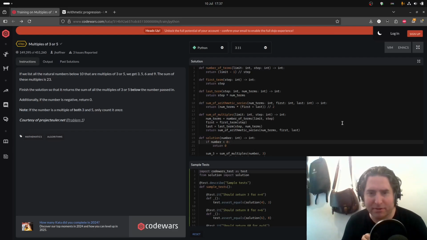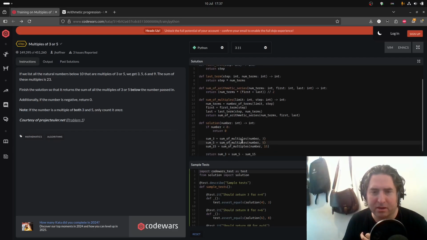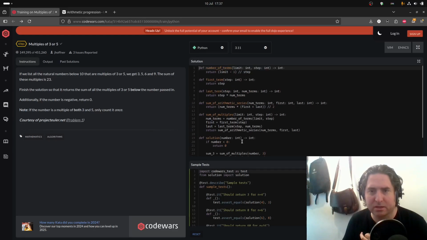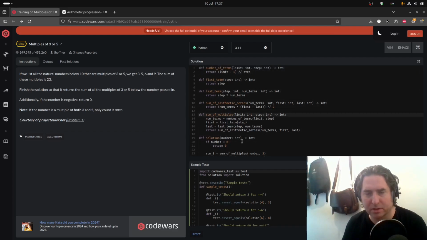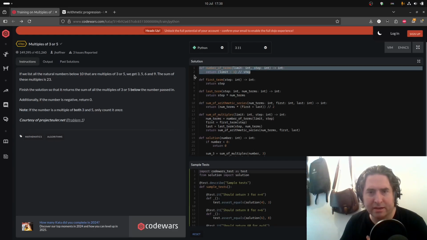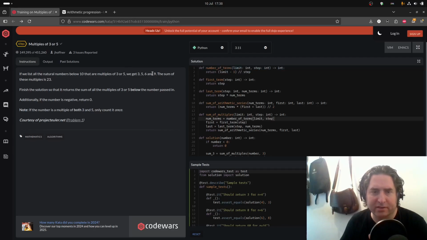We still have to ditch anything that's below 0. And then we work out the sum of multiples when the step is set to 3. We have the limit, let's say in this example over here is 10, and then we have the step, which is 3. So the number of terms is worked out using this: the limit, which is 10, minus 1 divided by step, because we've got 3, 6, and 9.